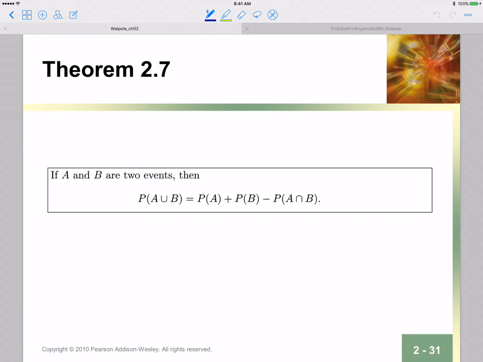Okay, in these cases, we consider 2 events A and B, but here they are no longer mutually exclusive or disjoint, which means the intersection of A and B is a non-empty set, and thus has some probability. So in that case, it can be computed in this form.